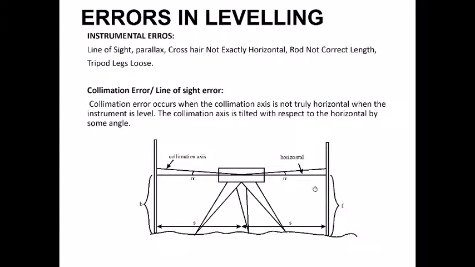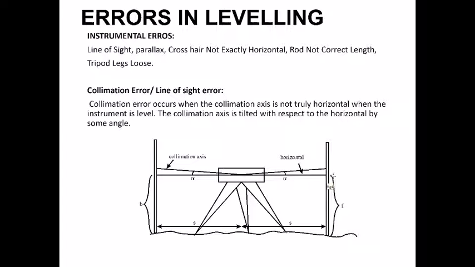Why? Because if the instrument is midway, then whatever error you are reading over here, the same error would be in your second reading. And what we are doing in the end is taking the difference of these two readings. So the error cancels out. But if your instrument is not in the midway, one error would be more and the other one would be smaller.